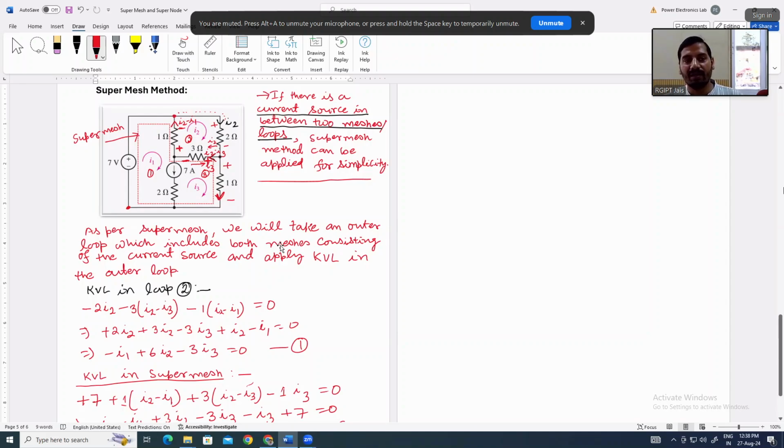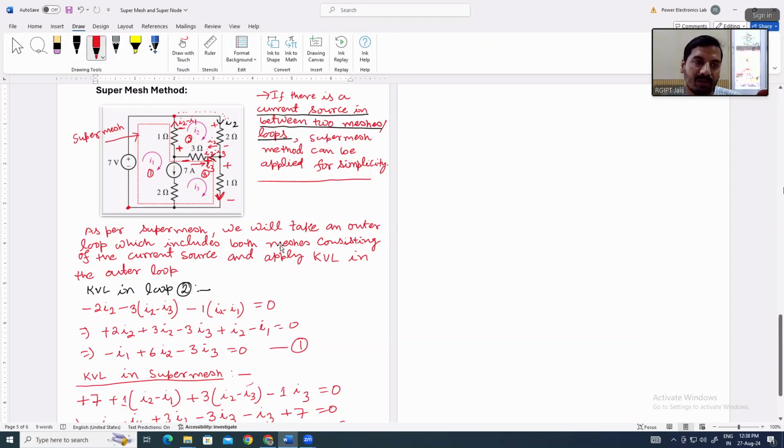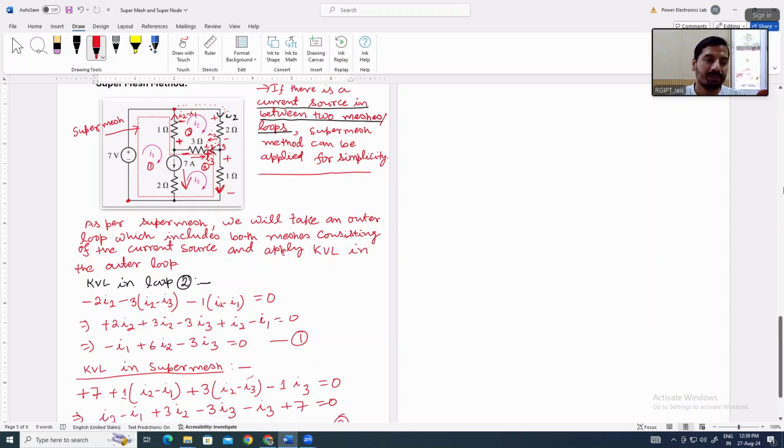If you look at your 7 ampere current source, what is the current flowing in this branch in terms of your assumed variables? Ultimately, the 7 ampere will flow in this branch. There is no doubt, it will not change. Current will be same, 7 ampere only. But in terms of your variables, you can write one equation based on this 7 ampere, and that will be your KCL.